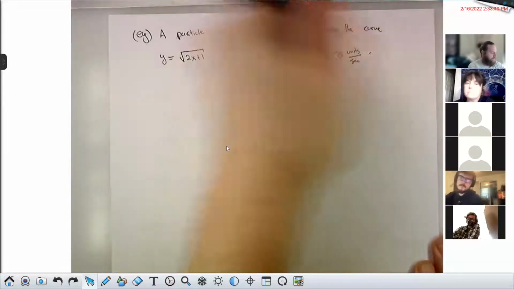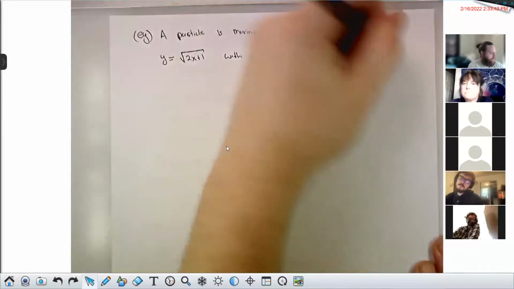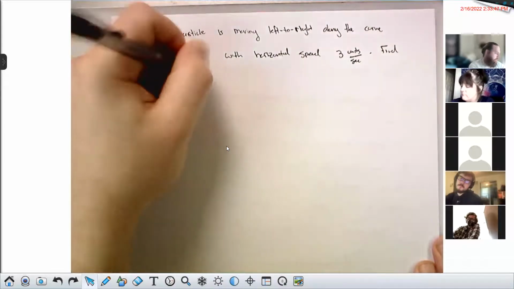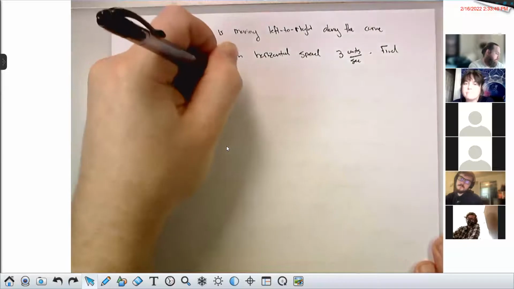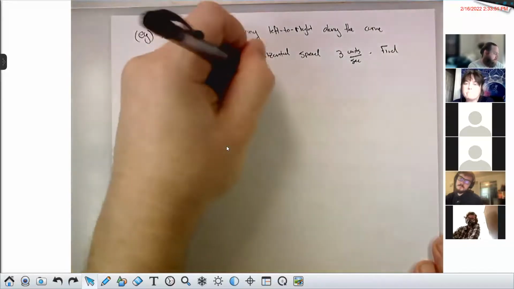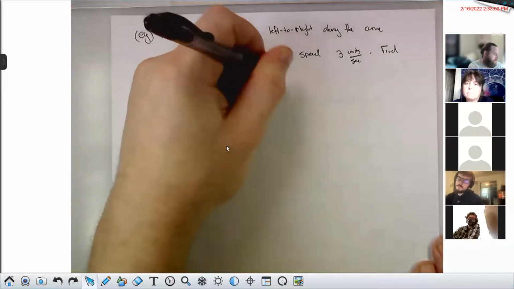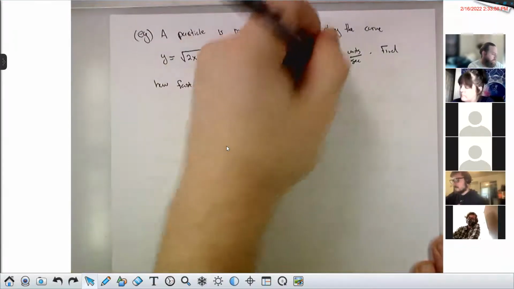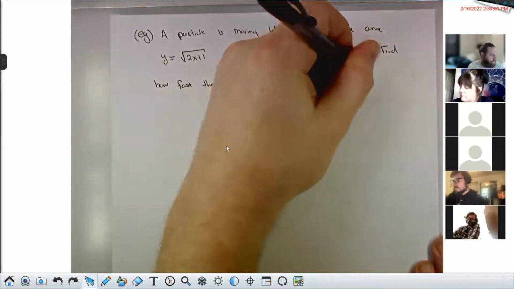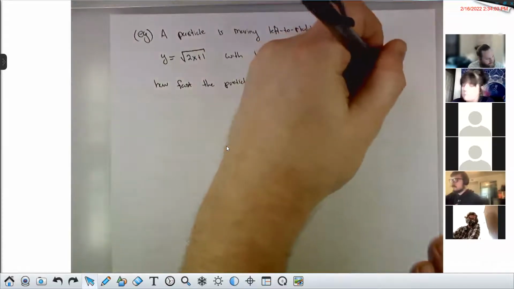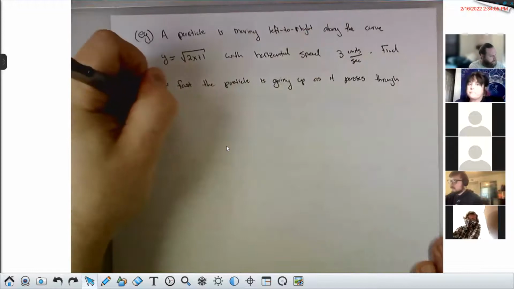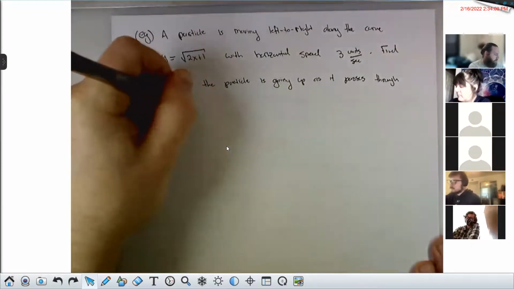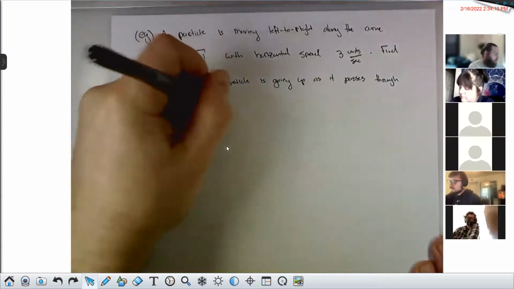I'd like to find how fast the particle is going up as it passes through the point (0, 1).